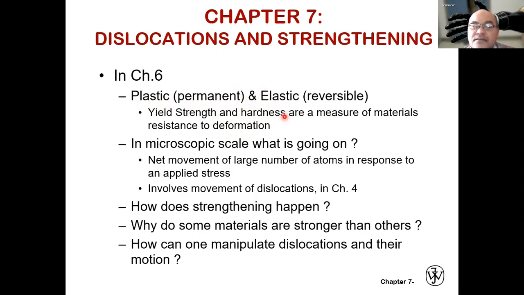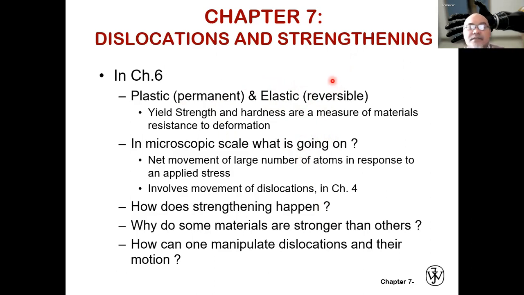And hardness indicates how high of a stress before the material can be completely broken, or failure. These are mechanical properties that we can measure in a macroscopic scale using certain equipment like the tensile stress device.